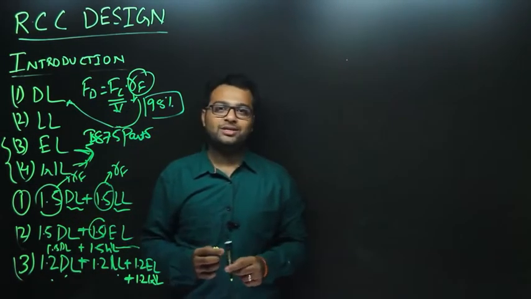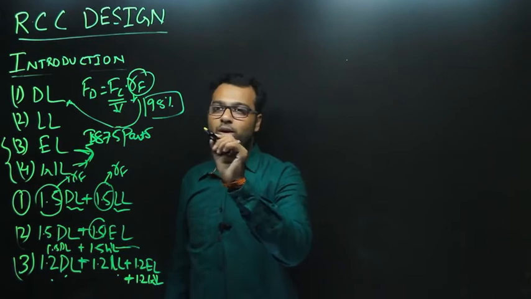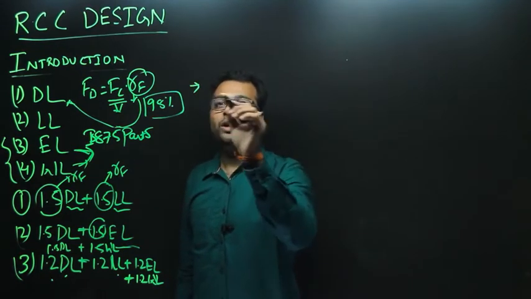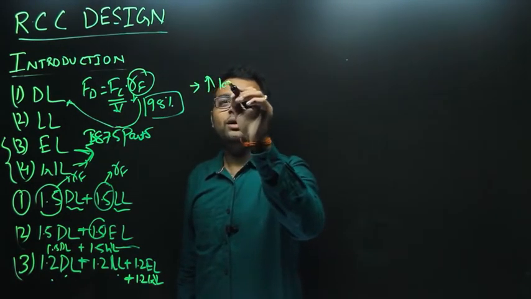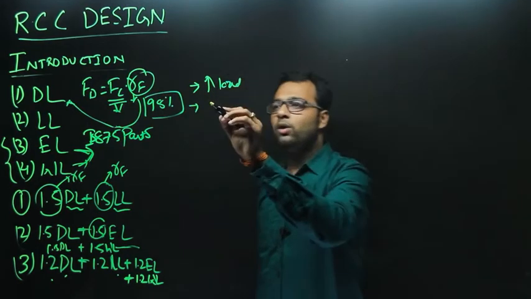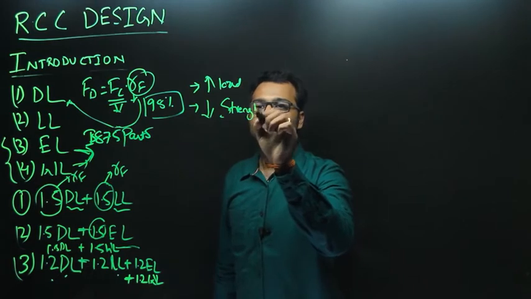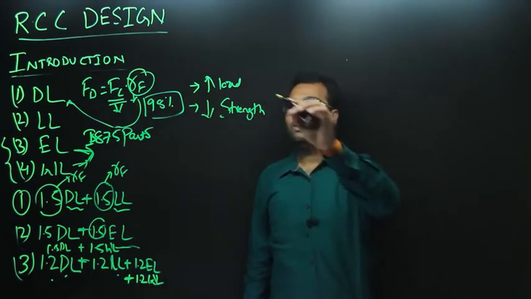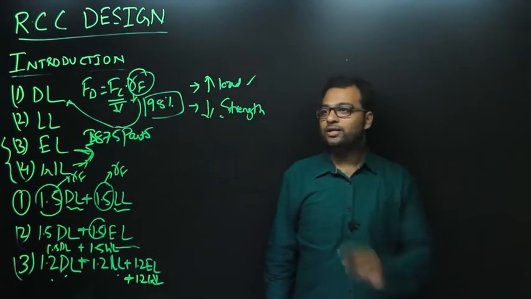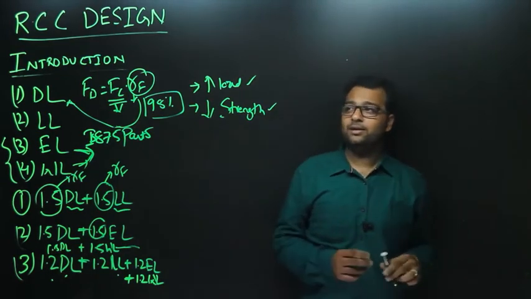Now if I come to strength, there are two components in limit state: we are increasing the load and we are decreasing the strength. Right now we have talked about increasing the load. Now let us talk about how we decrease the strength.